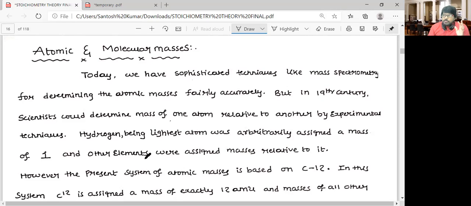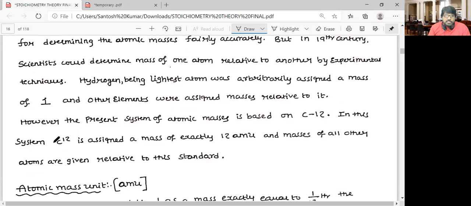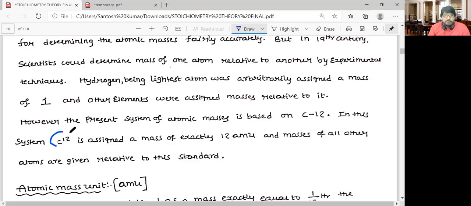In the periodic table, the atomic masses were determined by taking carbon as the reference element, C12. So C12 means the mass of the carbon atom is 12. This is carbon, and the mass of carbon is 12.